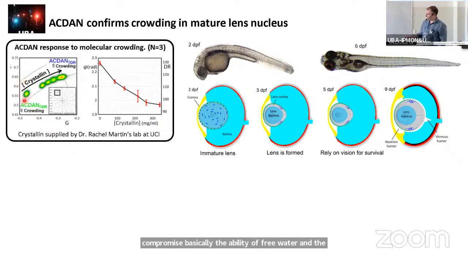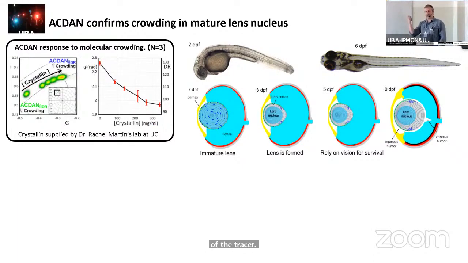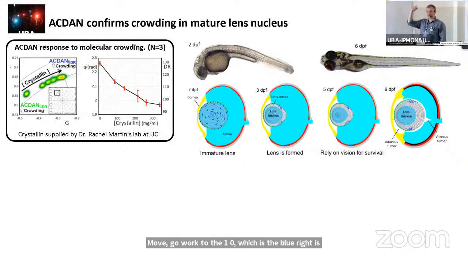And you see here, starting from here with ACDAN in water, as much as you increase crystallin, the position of the phasor moves toward 1,0, which is the blue, right? The spectra are getting more and more blue, which means lower and lower dipolar relaxation or higher and higher molecular crowding.